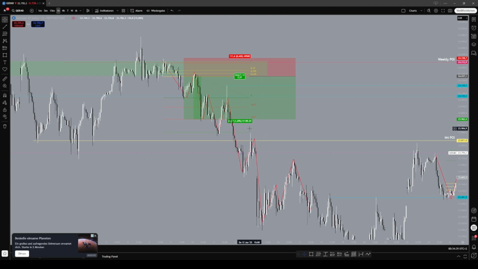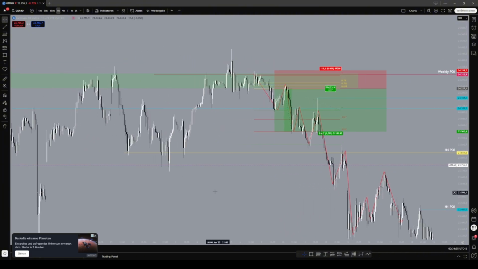So that's how I use the Fibonacci tool to identify my trading entries and also to identify my take profits.